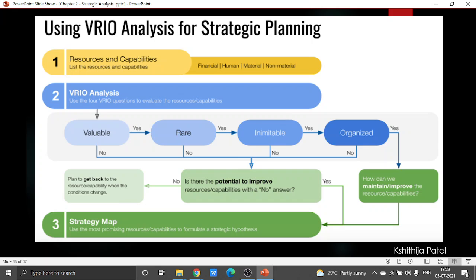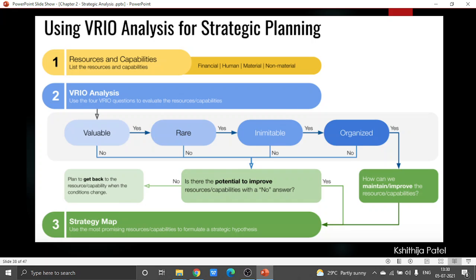So once again, here they first speak about resources and capabilities. They have given examples: financial, human, material, non-material, which are in the name of the organization and its capacity. Then comes the VRIO analysis. It uses the four VRIO questions to evaluate the resource or capability. If the answer is yes, how can we maintain or improve these resources and capacities?